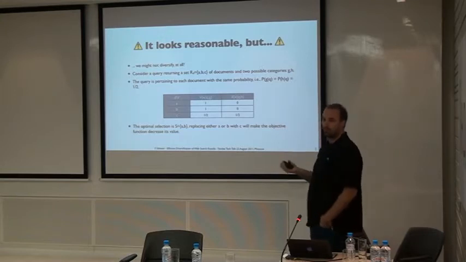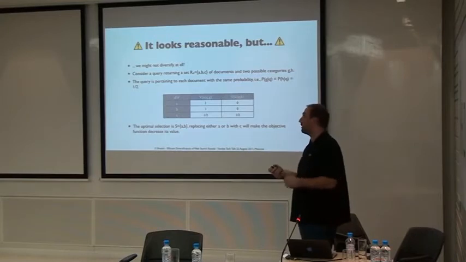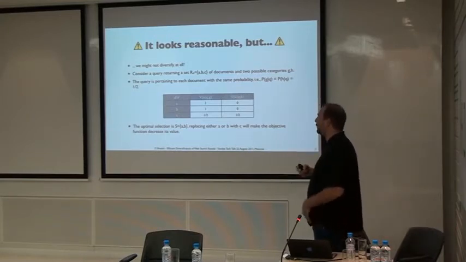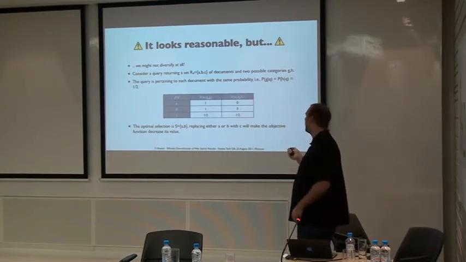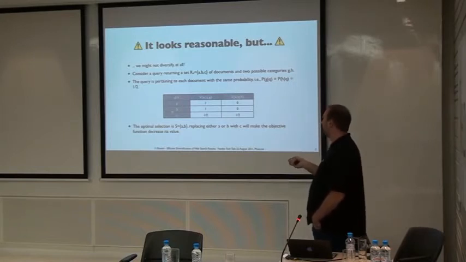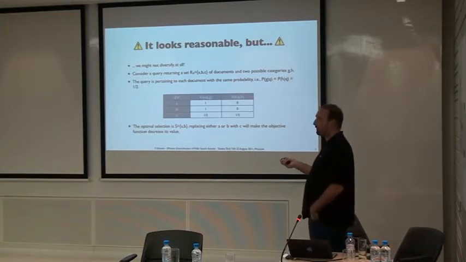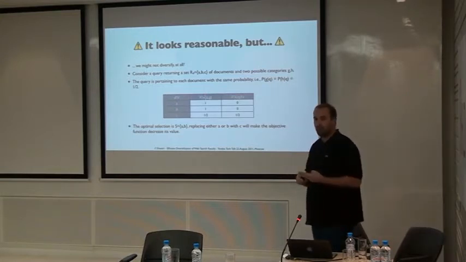If you add an element to S, the overall value of the objective function increases more than if you add the same element to a bigger subset, as in this case T. So basically the marginal utility increases slowly as the result set increases, right?